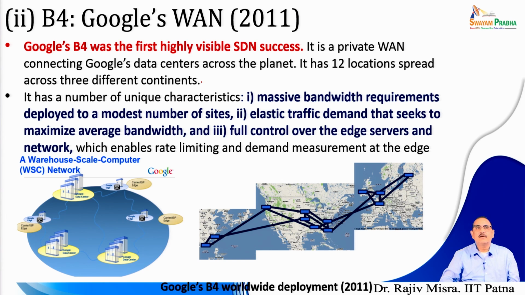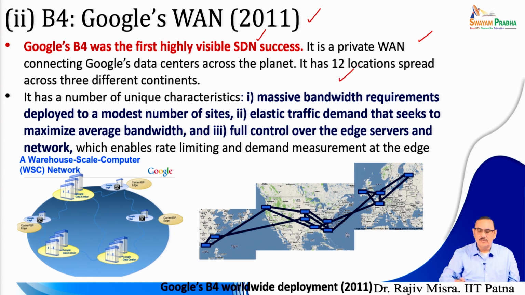So, let us see B4, that is Google's wide area network design that was published in 2011. Google's B4 was the first highly visible software defined network success, that is, software defined networking in a wide area network application. This is a private wide area network connecting Google's data centers across the planet.